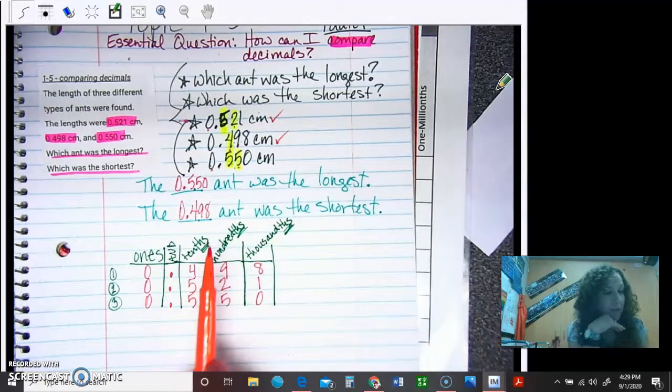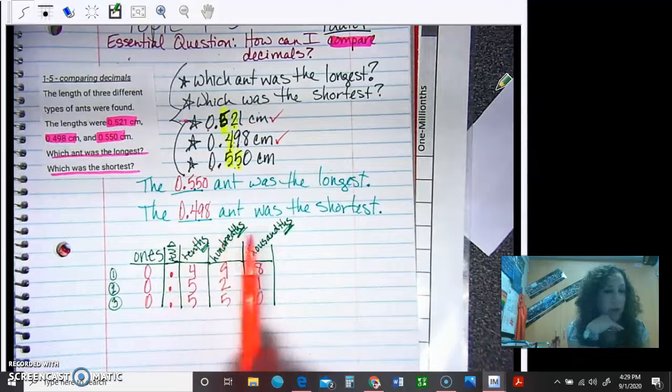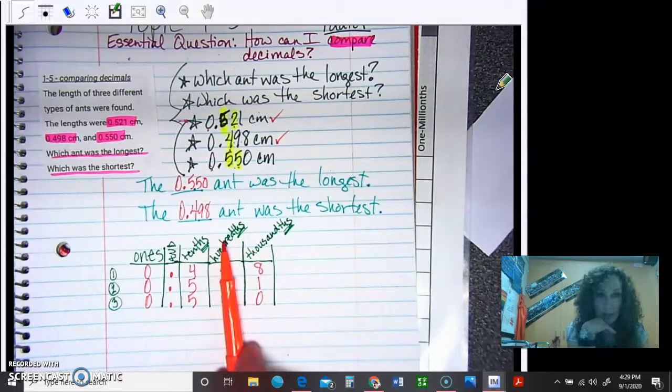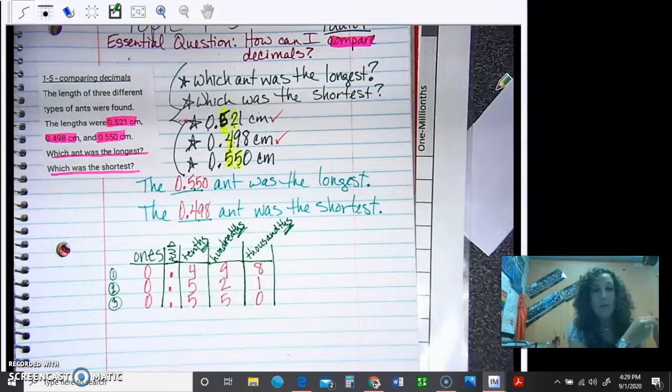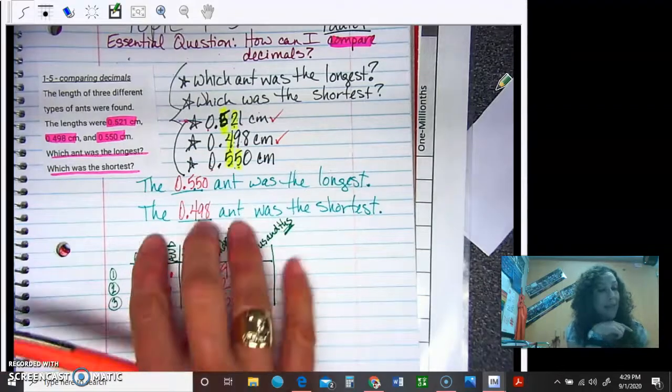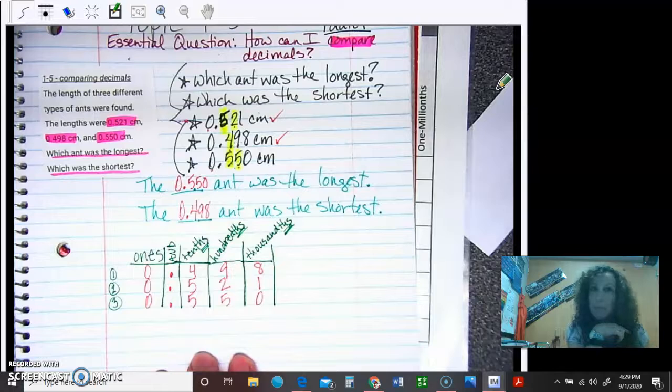You compare that first digit, and then you go to the next digit. Now, there is a possibility that one of the numbers would be a fraction, in which case, convert that fraction to a decimal, just like we've been practicing, and then you still stack them up and compare.